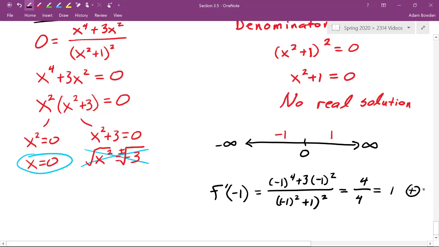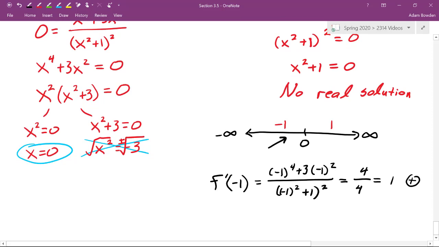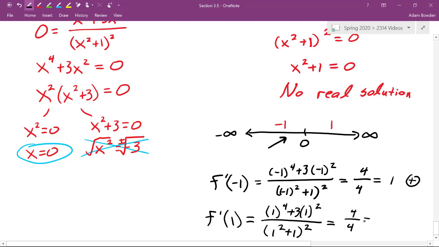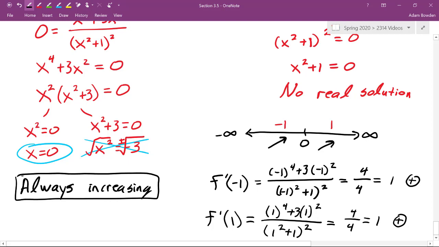So it's positive, which tells us it's increasing. If we plug in 1, basically the same exact numbers show up in the calculation. We'll still have positive 4 divided by positive 4, positive 1. It's still increasing. So what that tells us is this function is always increasing. It never actually turns around and decreases at any point in its graph.